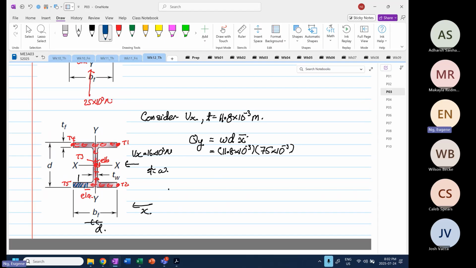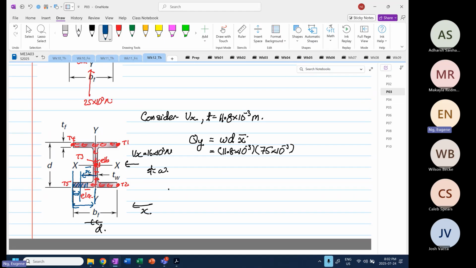So what we need to do is determine what this value over here is, which is our x bar. Okay, that is our x bar. So we can find this by knowing this distance over here. We do know the distance from here to here, and we also know the distance from here to here, right?